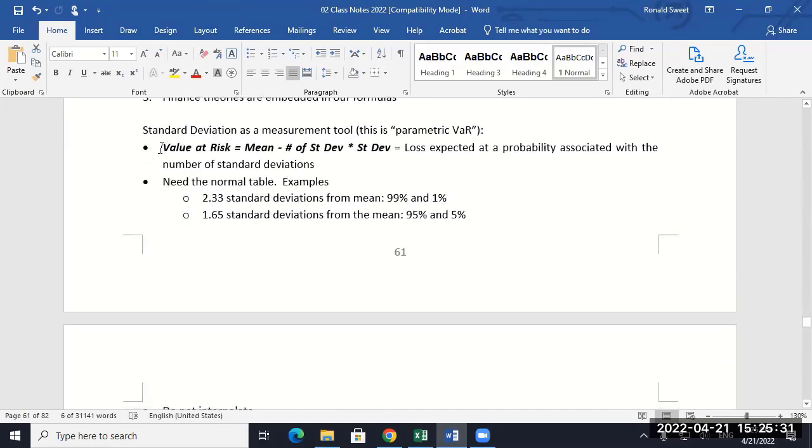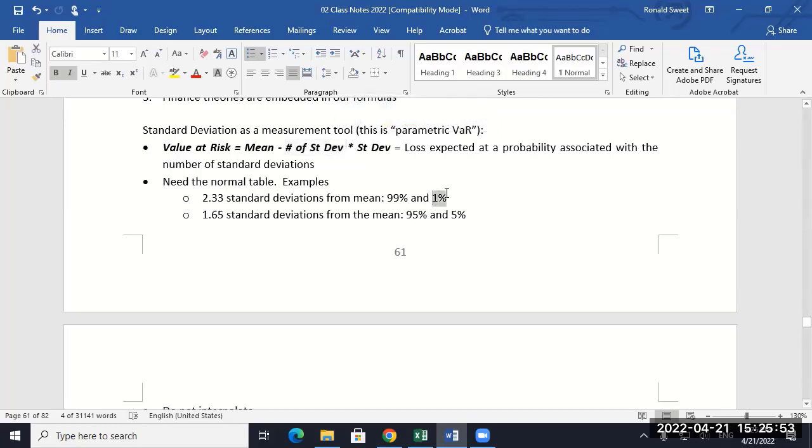All right, let's talk about value at risk. Let me give you the formula first because it is very, very simple. What value at risk is doing is saying, how much could I lose at some probability? And we get the probability in terms of number of standard deviations. You probably did this in your stats class. This is probably coming back to you.